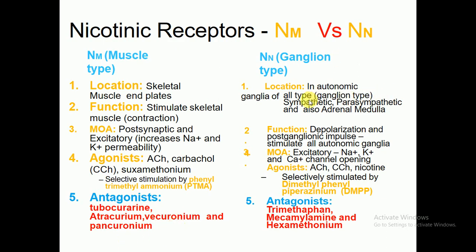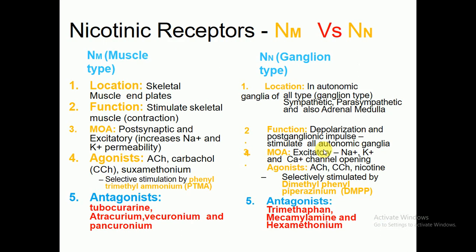While the ganglion types are anatomically present in the autonomic ganglia of all types: sympathetic, parasympathetic, and also the adrenal medulla. The function of ganglion type nicotinic receptors is that they may cause depolarization and post-ganglionic impulses.